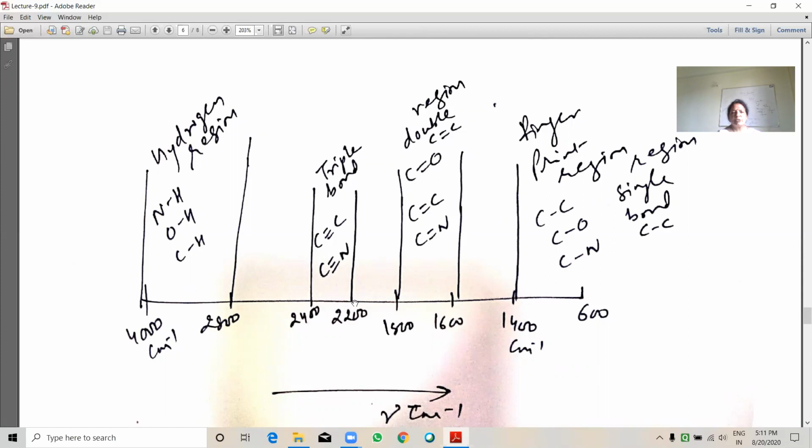In 2200 to 2400, the triple bond region, carbon carbon triple bond and carbon nitrogen triple bond peaks are observed. This is called the hydrogen region because NH stretching, OH stretching, and CH stretching frequencies are observed.